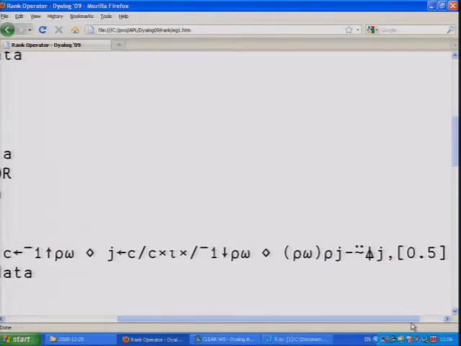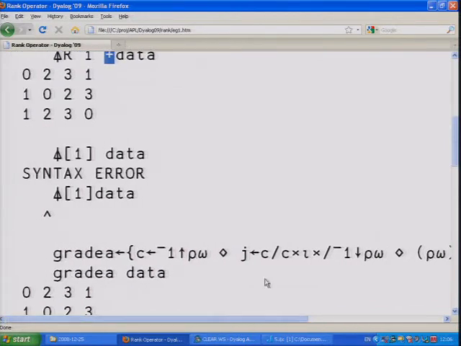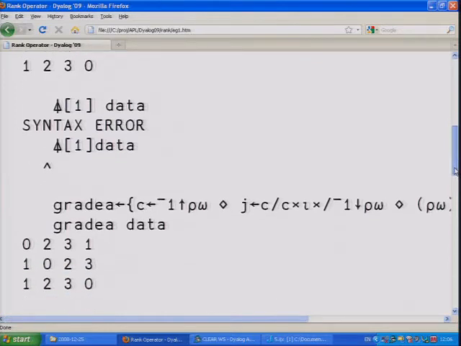Basically, you laminate a row index to the ravel of the argument, getting a 2-column matrix, and then grade that, and then subtract the row index, and then reshape it, and there you have it. But it's not a complete solution because it just works for rank 1. What happens if it's rank 2, or if the argument is characters and so forth?